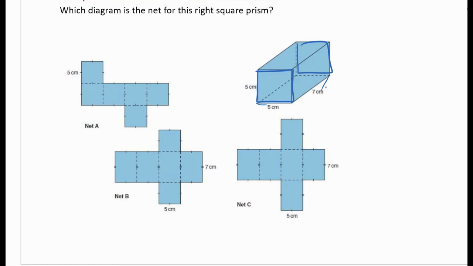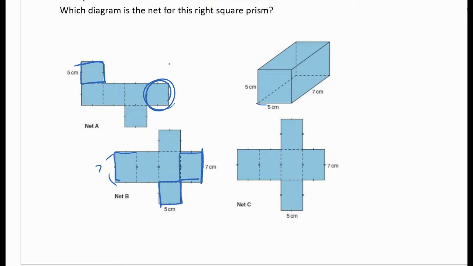And we're going to look at it. The square bottom and top is 5 centimeters, 5 centimeters, 5 centimeters, 5 centimeters. And the lateral face should be a rectangle with a 7 centimeter length. So this part should be 7 centimeters. Okay?